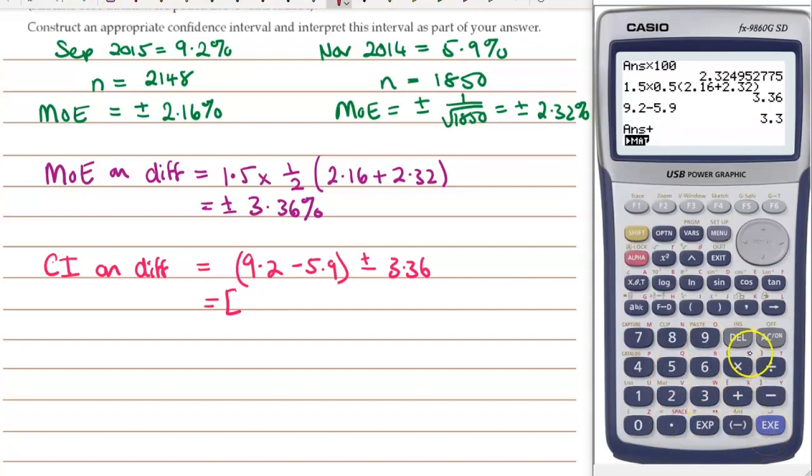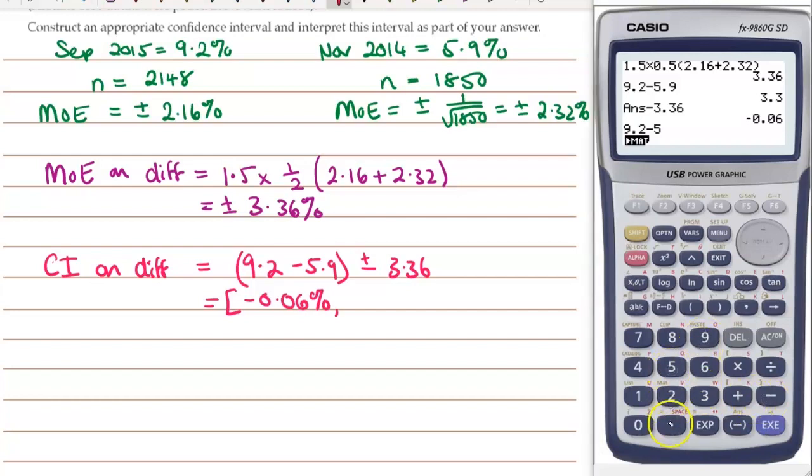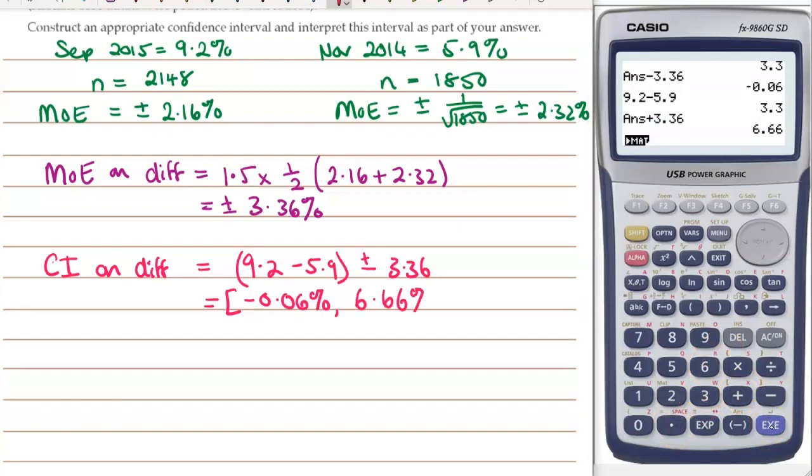If we take off 3.36, we get our lower limit. 9.2 minus 5.9, add on 3.36. Now, this interval does contain 0, so it is possible that that difference went in the other direction, so we can't make the claim that there has been an increase.